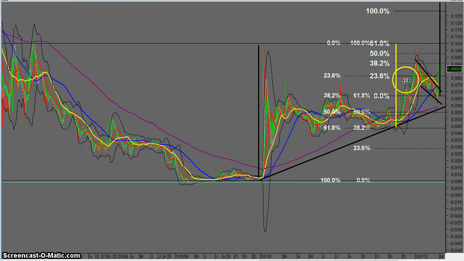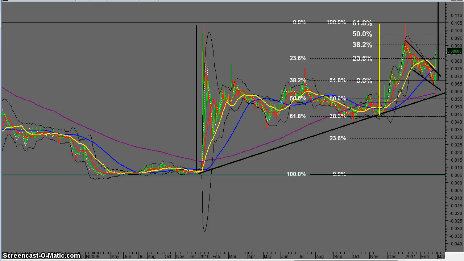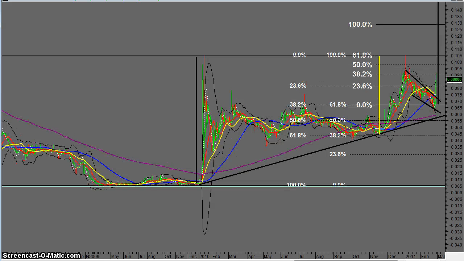That would be, say, the length of the flagpole. What I tend to be thinking here would be from the breakout point we measure, and that gives us up there to our 13. That's what we'd be thinking it would go on a bull flag.